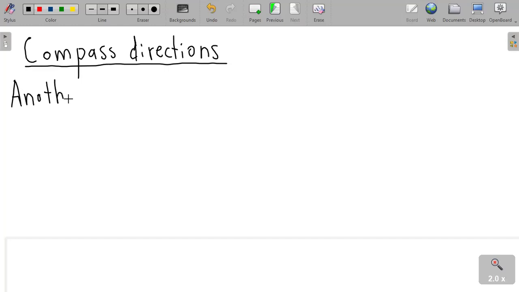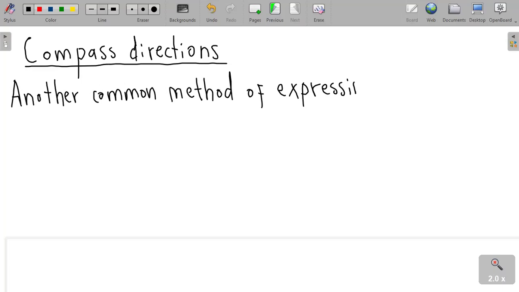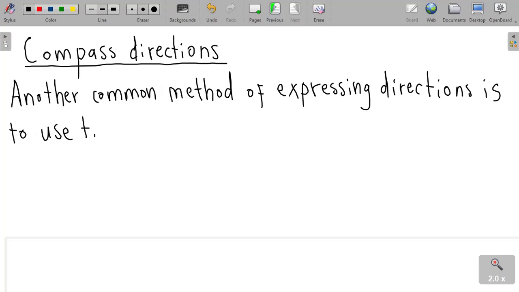Another common method of expressing directions is to use the points of a compass.